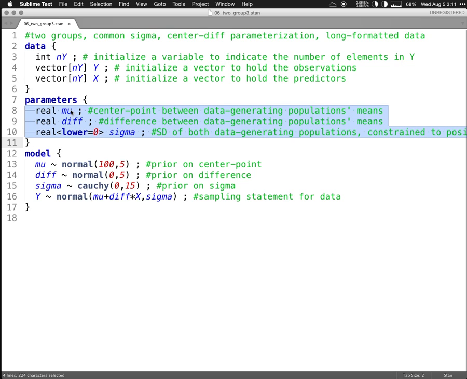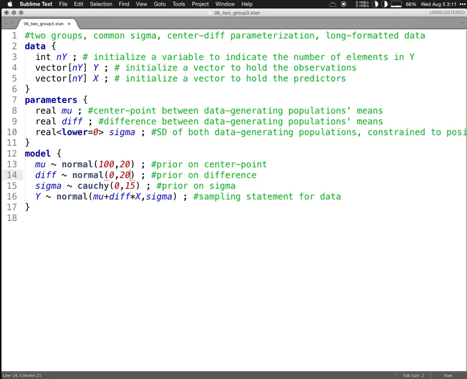You've got mu, you've got the difference. This is again that center and difference parameterization. All these are the same. I think we decided that we wanted to broaden these. And here, instead of saying y1 is distributed as and y2 is distributed as, we just say y is distributed as, and we can say mu plus diff times x.